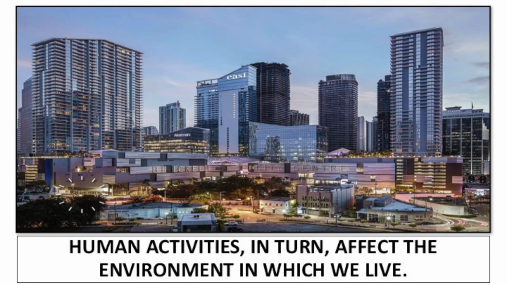Human activities, in turn, affect the environment in which we live. This picture here, is this natural or man-made? Man-made. Humans have made it. These buildings weren't here hundreds of years ago. Hundreds of years ago, what will have been there, do you think, before humans?